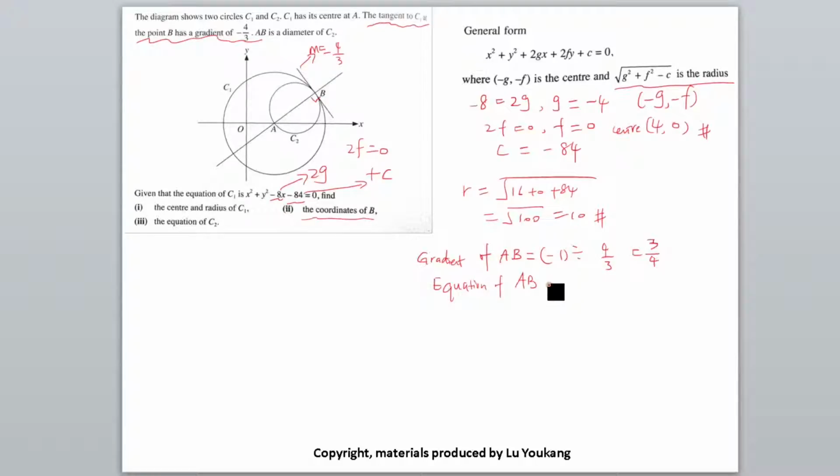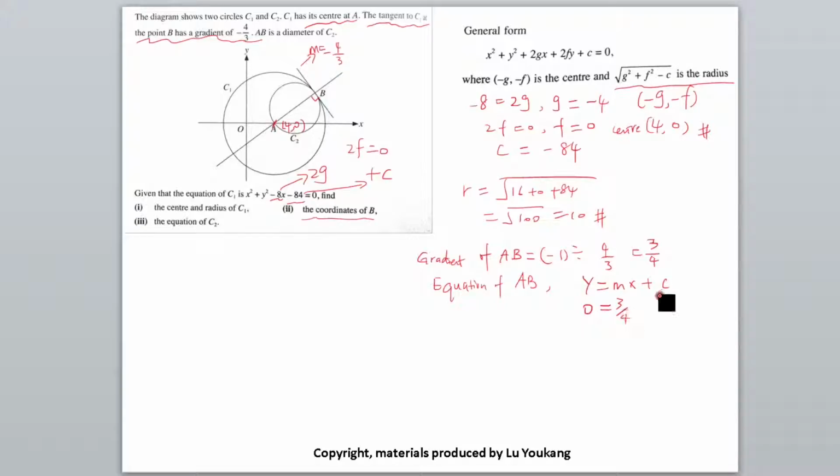So the equation of AB is y equals mx plus c. We have the m already, so now we need to use one set of xy coordinates. And we know that the coordinates of A is (4, 0), because the center of C1 is A. So we sub in this set of xy coordinates into y equals mx plus c, so that we can find our c.